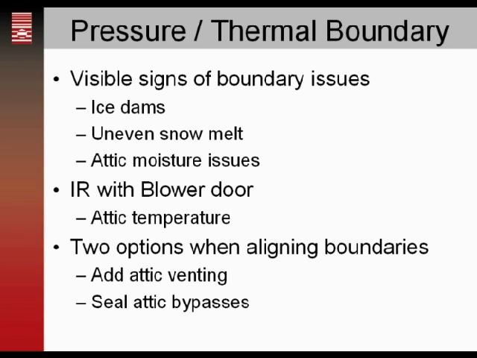Visible signs might be ice dams, uneven snow melt, attic moisture issues, and these are mostly cold climate issues, but certainly could be problems in higher temperature areas where you have high humidities. You start seeing not only attic moisture issues, but moisture issues in places you wouldn't suspect, or maybe in the whole house.